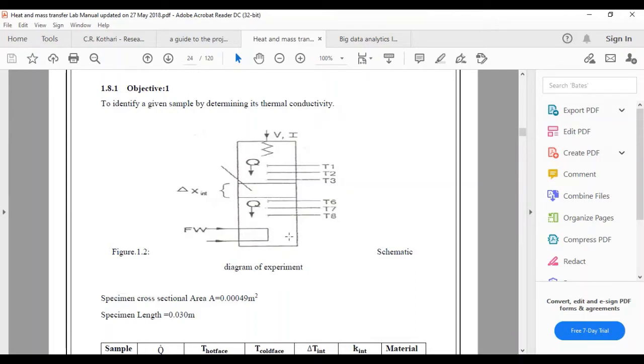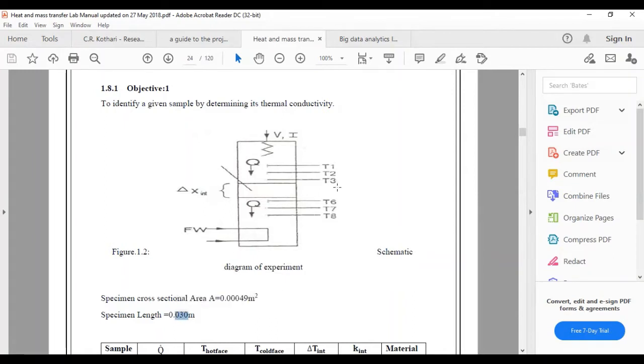Between the hot and cold parts, we will place our sample. Its thickness is delta X and its area is A. The area is given as 0.00049 square meters, and its thickness is given as 0.030 meters.